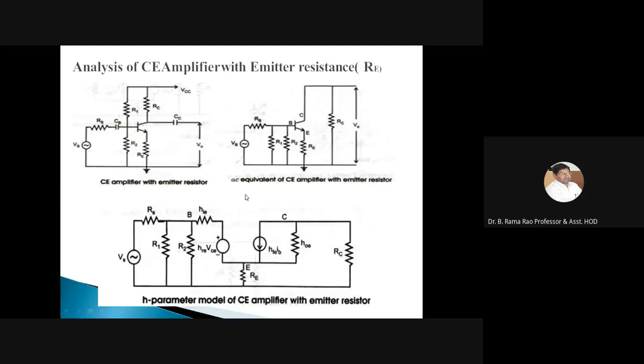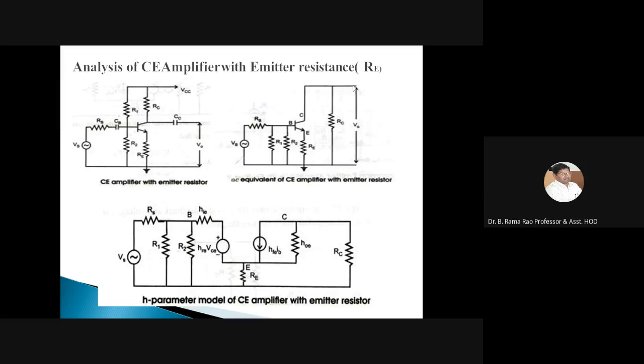Simply, we have taken the CE amplifier circuit. This is the basic circuit for the CE amplifier. Now we have applied the step-by-step procedure to get the hybrid parameter model of the CE amplifier with emitter resistance. This is the simple CE amplifier circuit with emitter resistance, and we have shorted the capacitors and shorted the DC power supply.